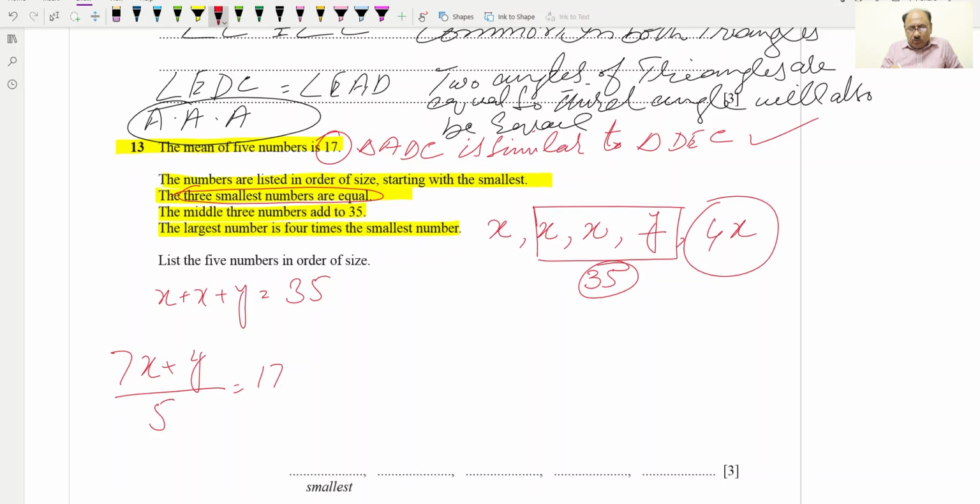These are the two equations we formed from the given data. Now we can simplify, and this implies 2x plus y is equal to 35.